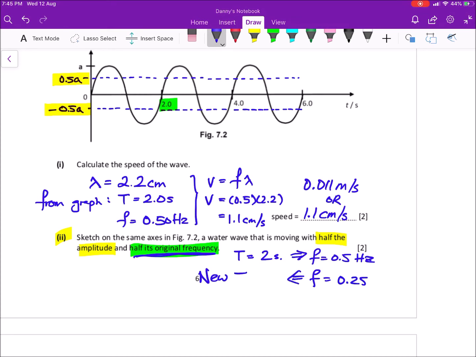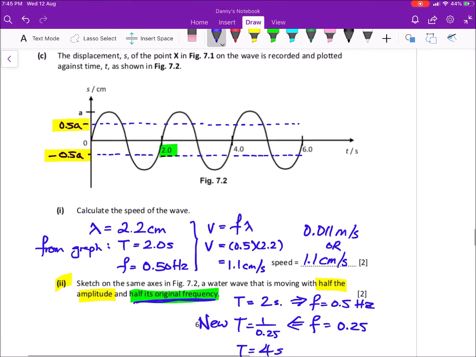So what is the period? 1 over 0.25 is 4. That means in 4 seconds I will have one wave, meaning that now one wavelength is here. So therefore, I would expect a graph that looks like this, right? Here will be like that.